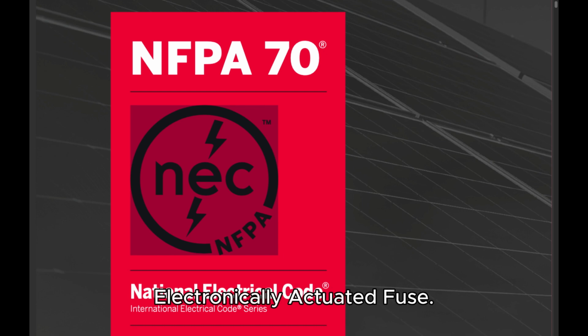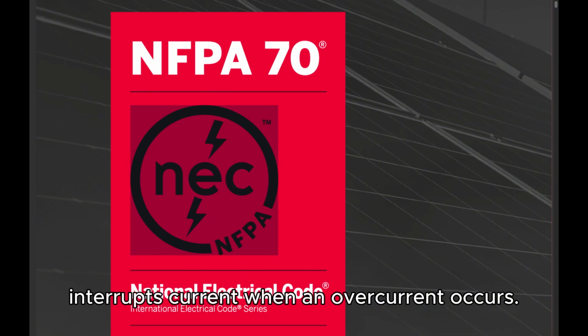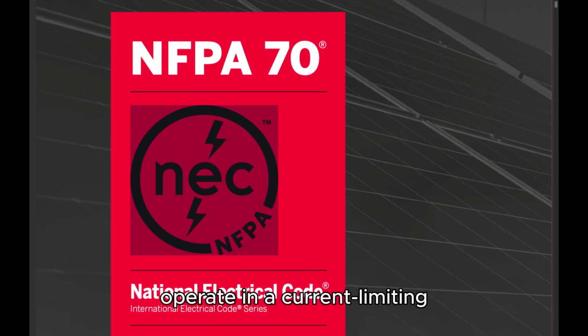CMP16 electronically actuated fuse. An overcurrent protective device that generally consists of a control module that provides current sensing, electronically derived time-current characteristics, energy to initiate tripping, and an interrupting module that interrupts current when an overcurrent occurs. Such fuses may or may not operate in a current-limiting fashion, depending on the type of control selected. CMP10 enclosed.